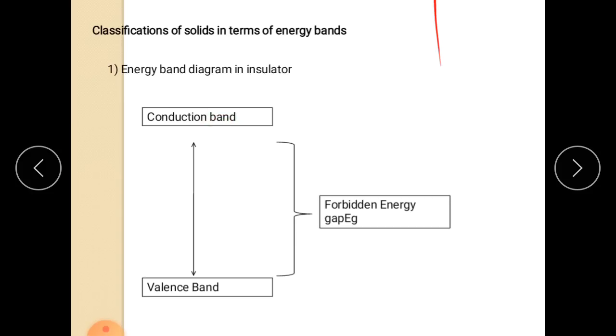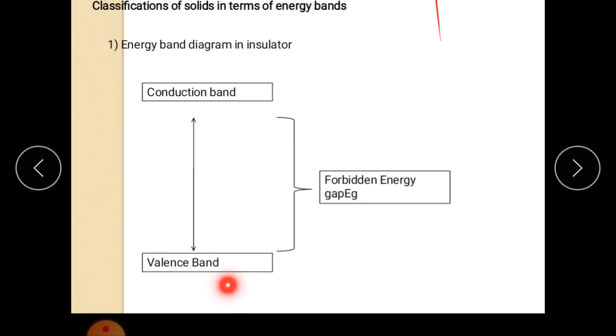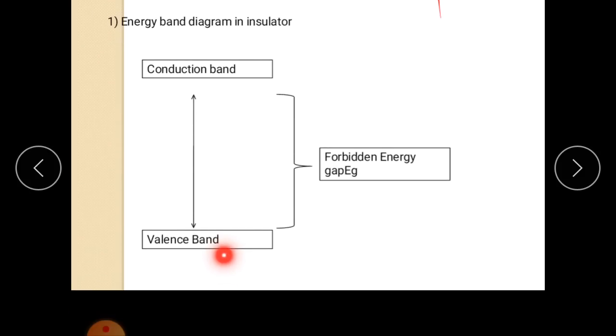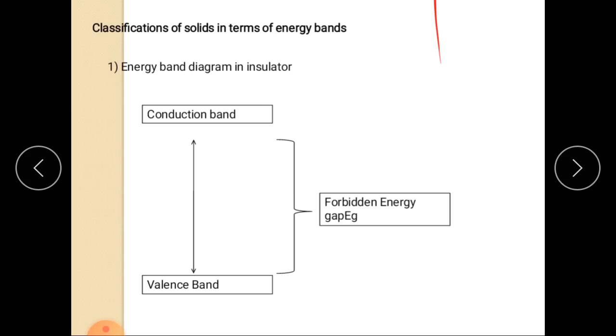When thermal energy is given to the valence electrons, the electrons get excited towards the conduction band and move freely and conduct electric current.